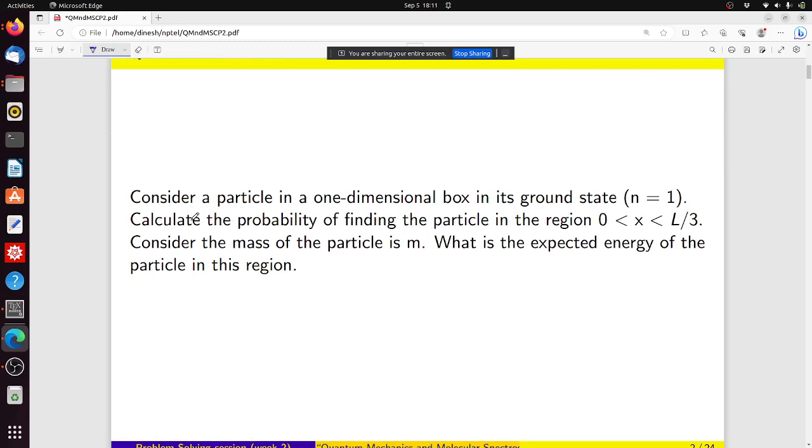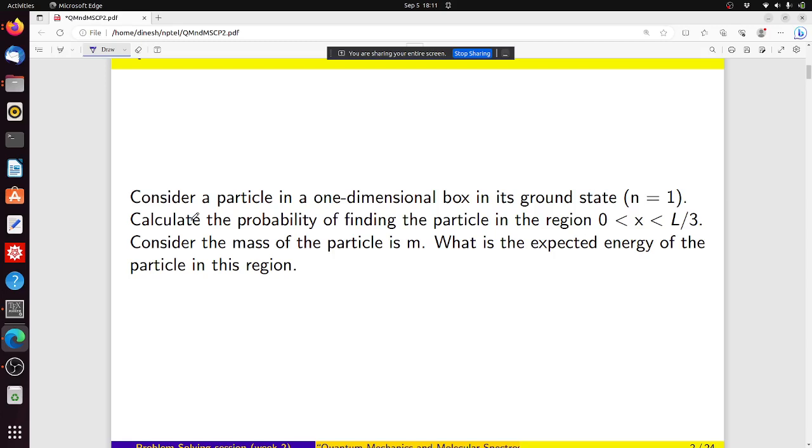Okay, so the first problem is: consider a particle in a one dimensional box. It is in the ground state, that means n is 1. Then calculate the probability of finding the particle in the region 0 to L by 3. Then consider the mass of the particle is m. Then what is the expected energy of the particle in this region?